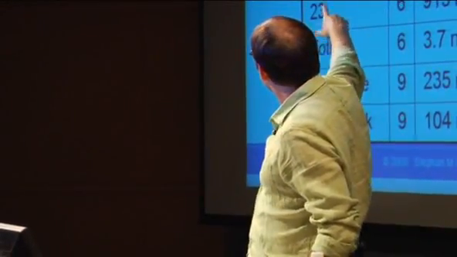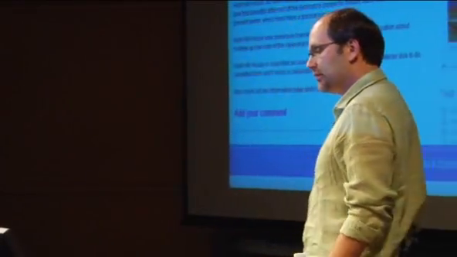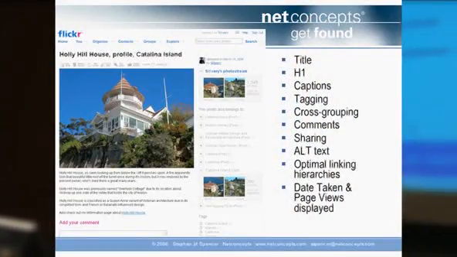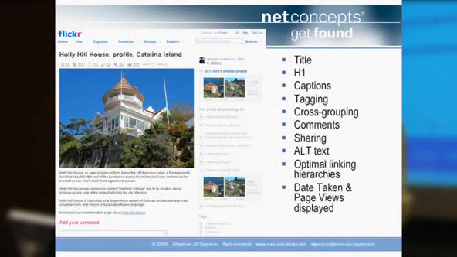It's not to say that you shouldn't also look at these other community sites to contribute photos to, but Flickr is really a primary focus. And you'd want to look at the title, the H1, the captions, the tagging, the cross-grouping, the comments on the photo, the sharing, how much it's being shared, alt text, optimal linking hierarchies, and date taken and page views displayed.